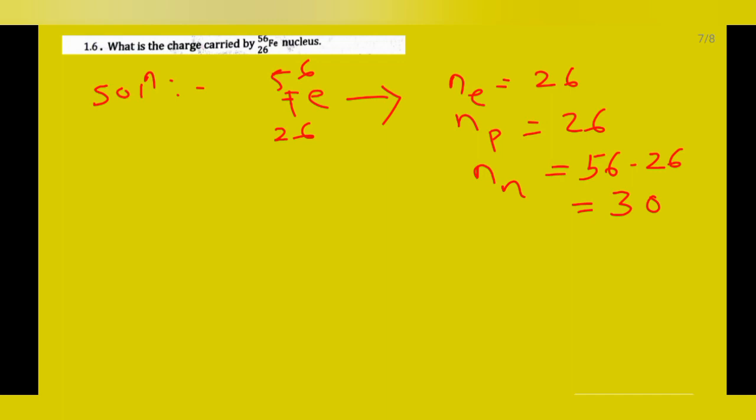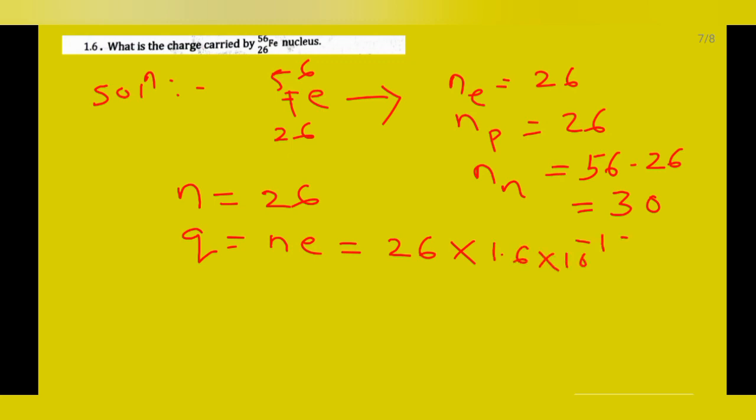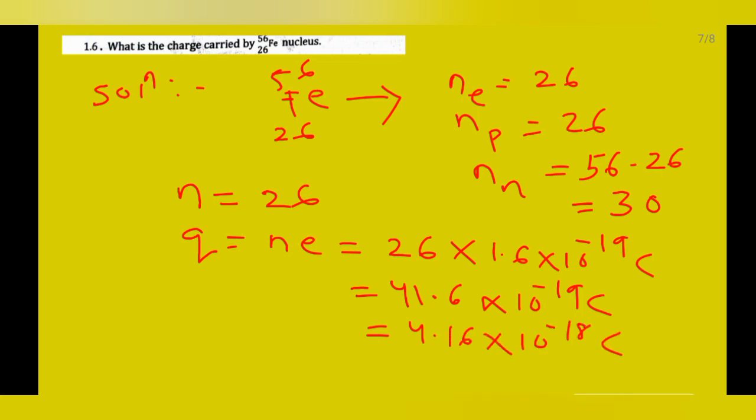So the number of electrons is 26. The charge we can easily calculate by the formula Ne. N is 26 and e is 1.6 into 10 to the power minus 19 coulomb. When we multiply 26 into 1.6, it gives 41.6 into 10 to the power minus 19 coulomb. So we rewrite this as 4.16 into 10 to the power minus 18 coulomb. So this is the charge of the Fe nucleus. Now we'll go to the next question.